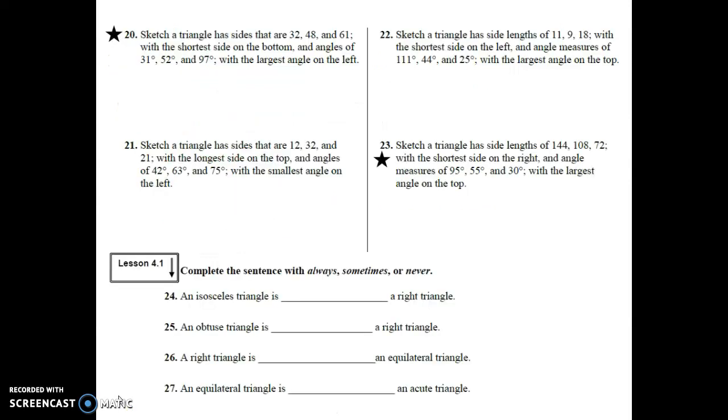We also had problems in our 5.5 notes where we had to draw a triangle according to specifications given to us. The most important thing, I think, is organizing your information so that everybody's triangle will look the same.